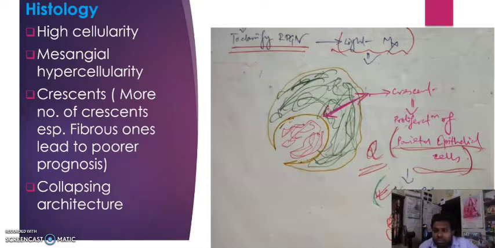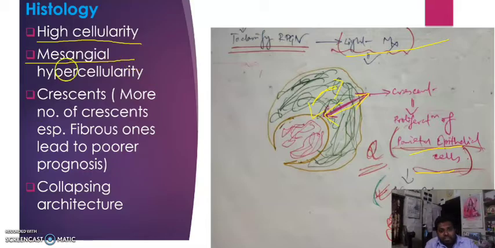So let's go to the histology of RPGN. I said that there will be crescents. Yes, you have to draw the schematic diagram in your exam to show that you understand what a crescent is. Crescent is formed by proliferating parietal epithelial cells and deposited fibrin. It can be seen in light microscopy. Anywhere in RPGN you can find high cellularity, either endocapillary or extracapillary.